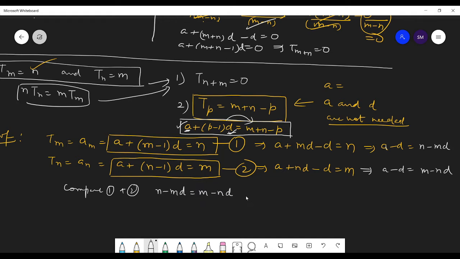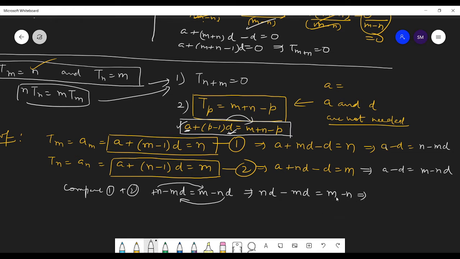So can we find the value of d now? Yes. Get the terms of d together. That's your choice. You can take the d terms this side and bring this to that side. So this minus nd will become plus nd that side, and minus md, and you have m here, and this plus n will become minus n coming this side.